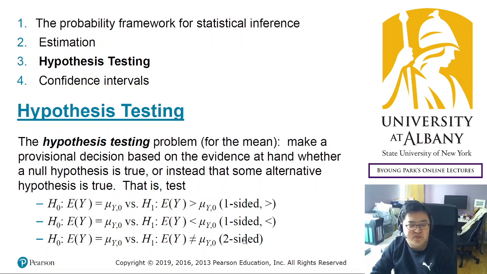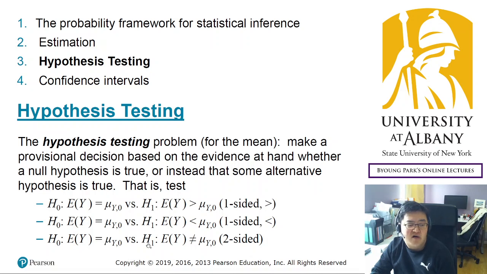Or you may just consider both sides. I believe that the average income for a randomly chosen household is, say, $50,000 last year. It may be underestimating or overestimating.